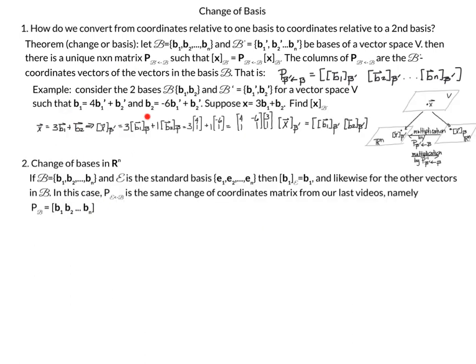We will do more examples of this, but first we're going to look at a special case of the change of basis in Rn. So if we have a basis beta that has n vectors, b1 up to bn, then our second basis here, instead of just a general basis B prime, is going to be our standard basis, e1 up to en. Then, as we know, b1 in terms of our standard basis is easy to get.